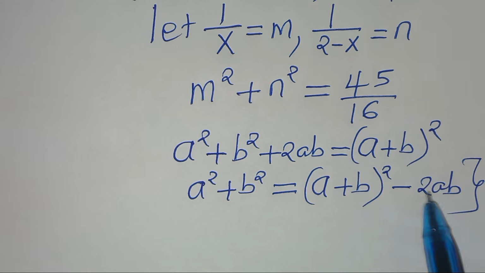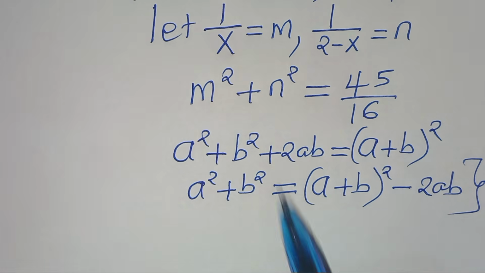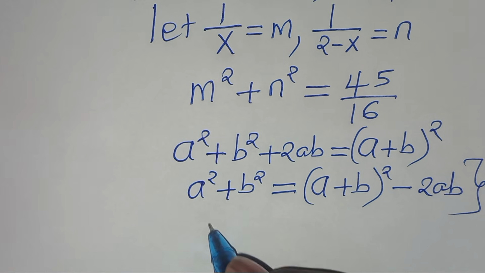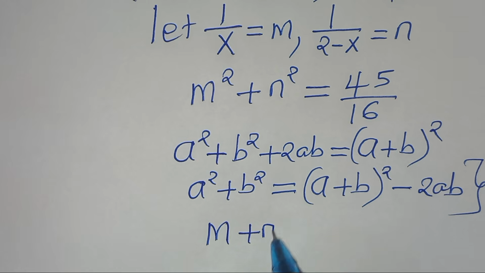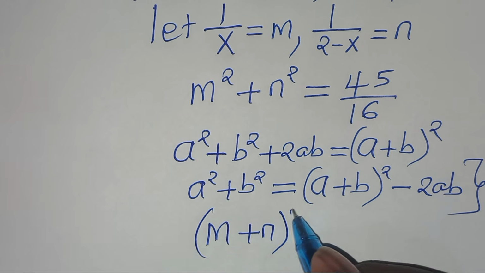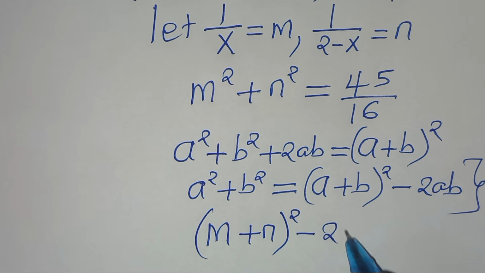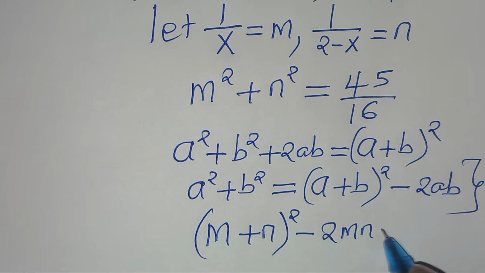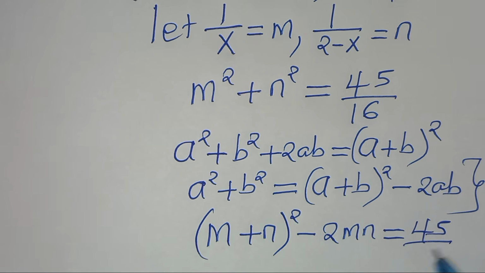Applying this property, m squared plus n squared is the same thing as m plus n raised to the power of 2, subtract 2 multiplied by mn, equal to 45 over 16.